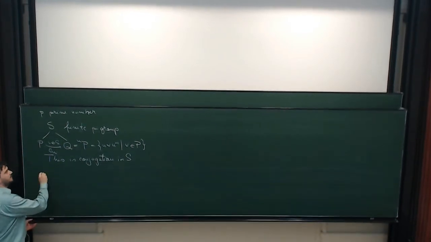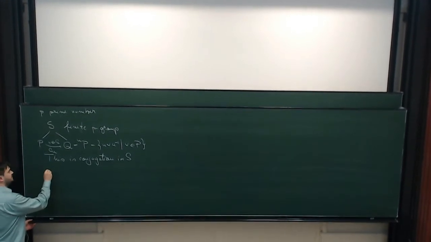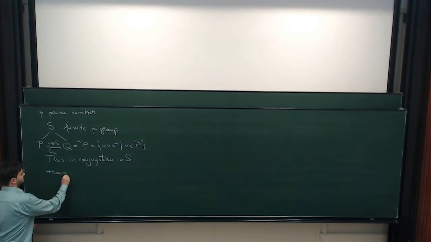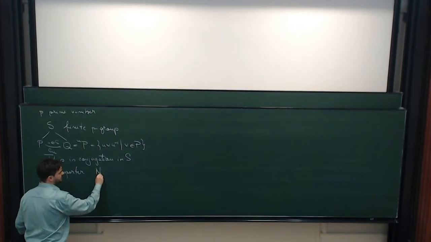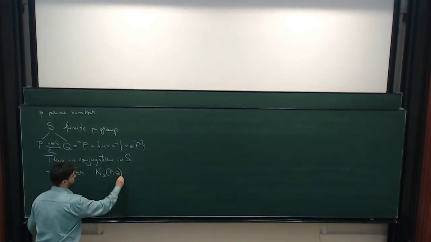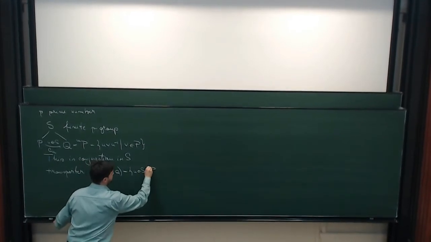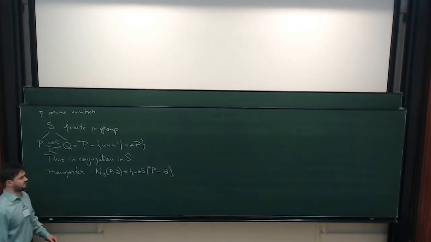And how do we capture that? If we want all the elements giving this conjugation, we have the transporter in S, namely the normalizer, so the transporter from P to Q: all those elements in S giving the conjugation from P into Q, right?